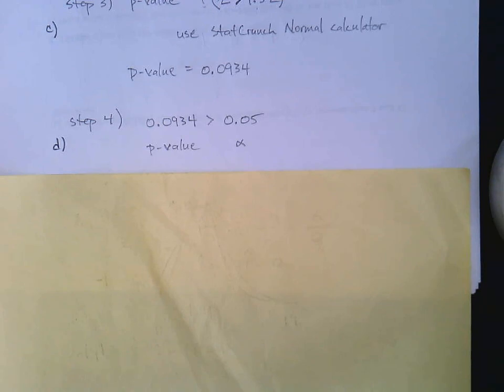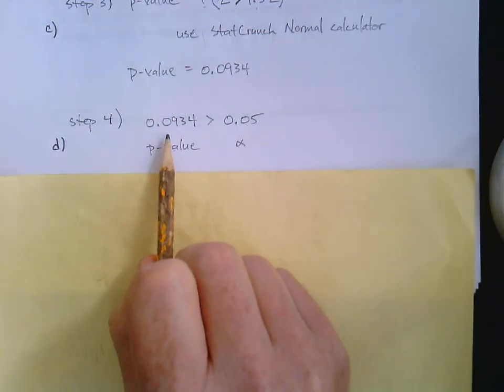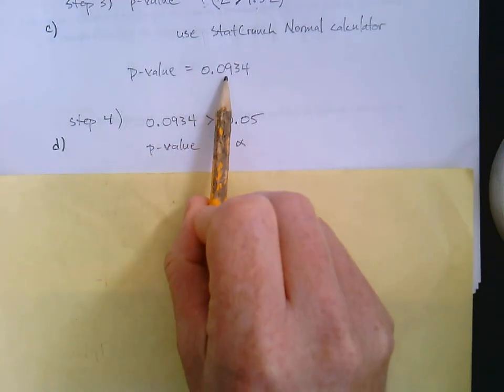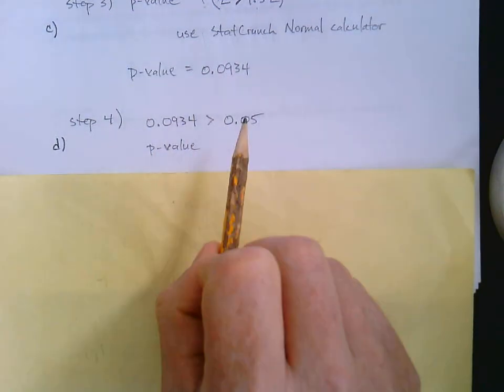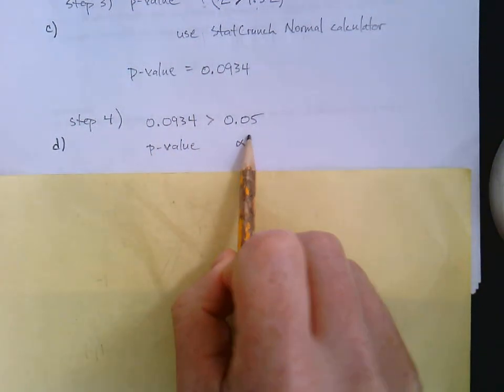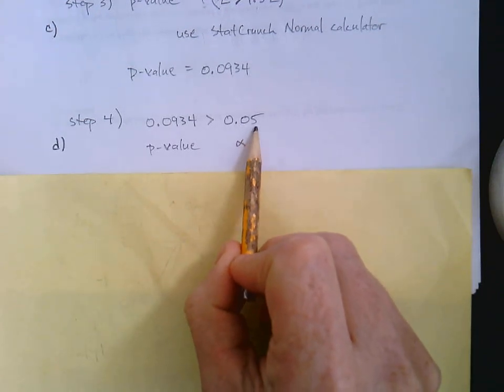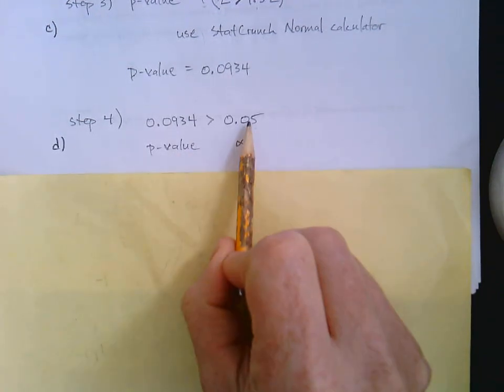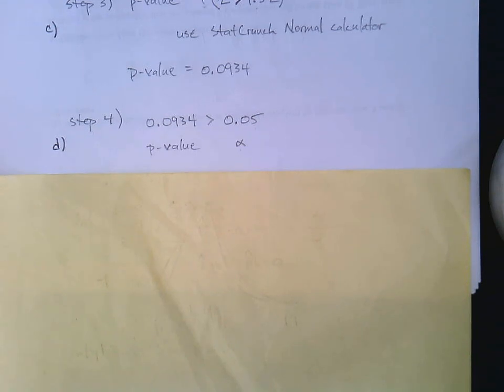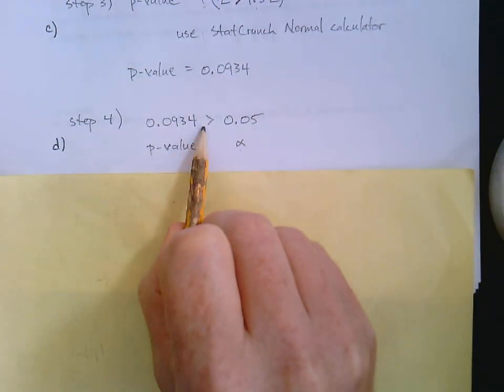Compare the p-value and the significance level. Which one is bigger? Our p-value was 0.0934 that we just found. The significance level that they told us in the problem is 0.05. So there's our p-value, there's our alpha. And we can tell that the p-value is greater.